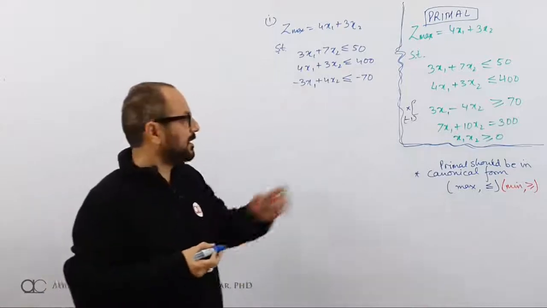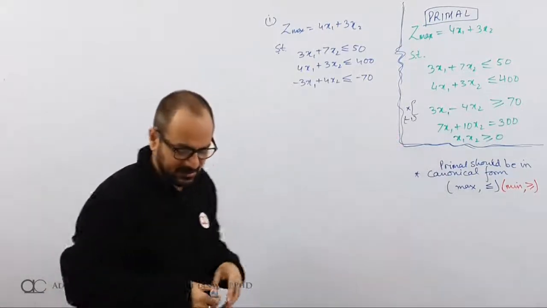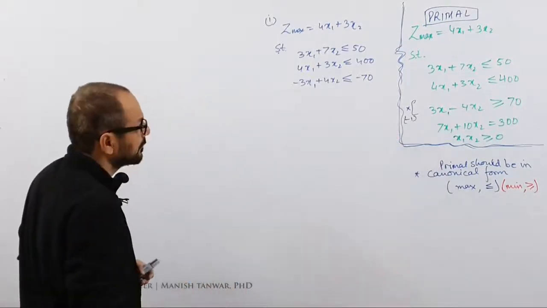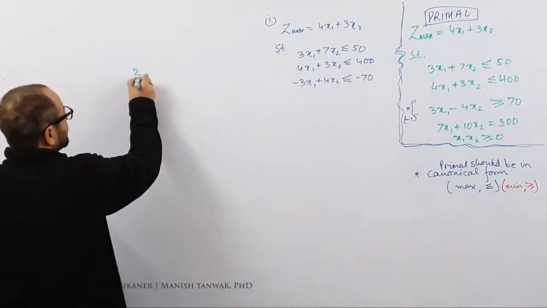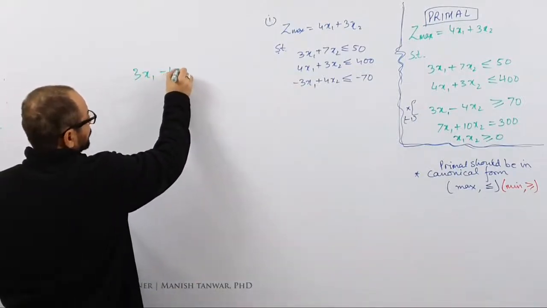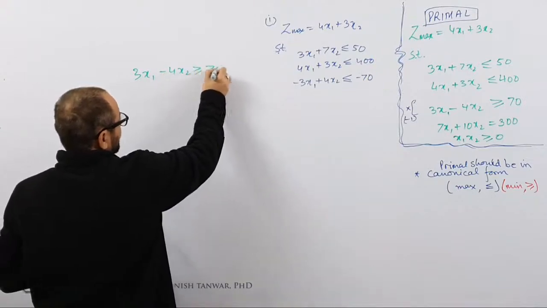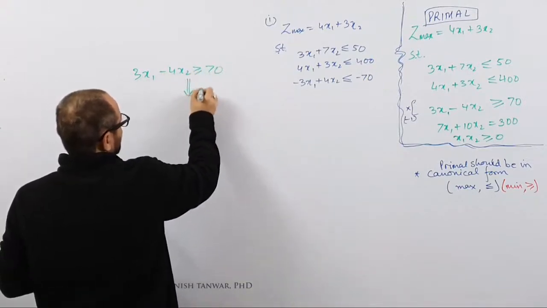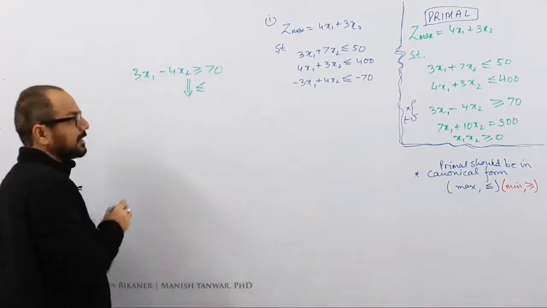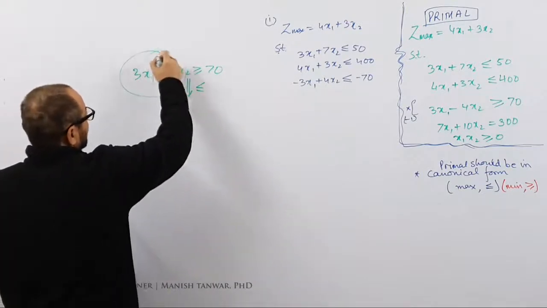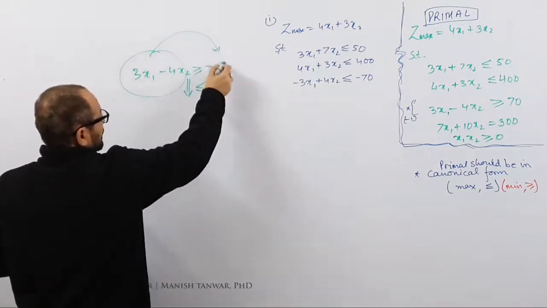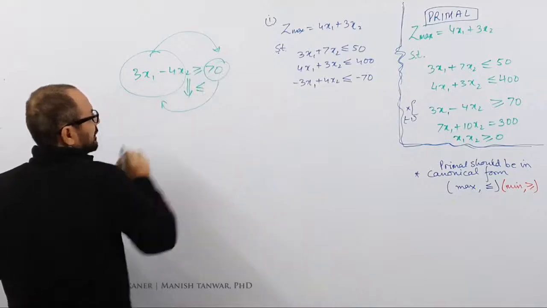If you are confused why I am multiplying by -1, you can understand it this way. We have 3x1 minus 4x2 greater than or equal to 70. Now I wish to convert it into less than type. I pack everything and send it over there, and I send this 70 over here.